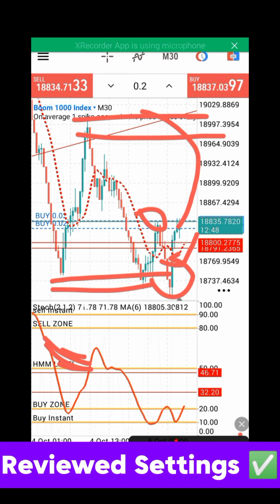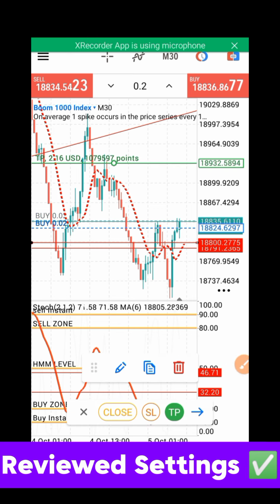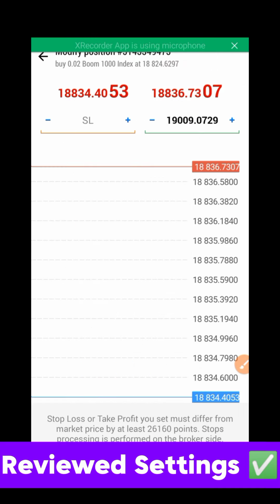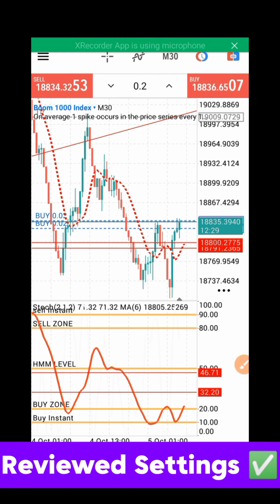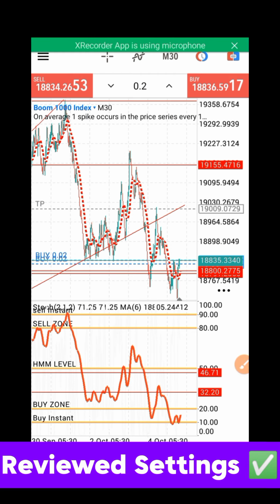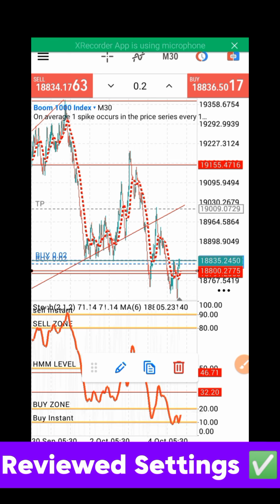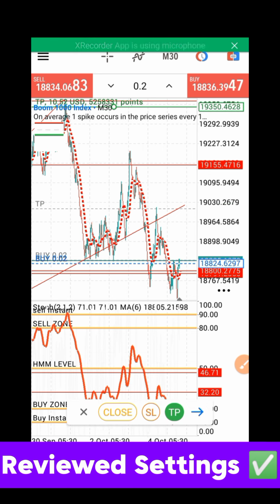So now, after you have already got our entry, we're just going to target our highs. Let me say for this first entry, I will target TP around this level. It's very okay. So you see, then for the other one, I can target this one, to the other positions.